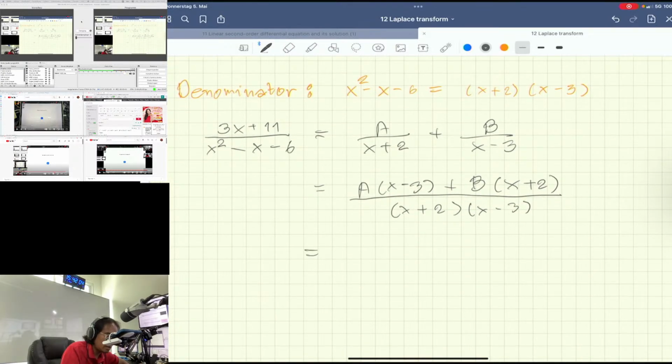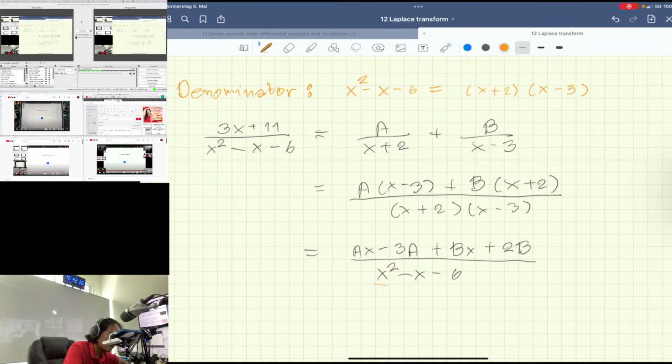And in the numerator, you have Ax minus 3A plus Bx plus 2B, and in the denominator you get again x squared minus x minus 6, right?